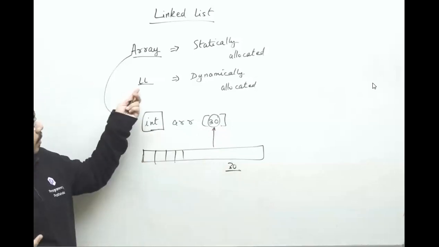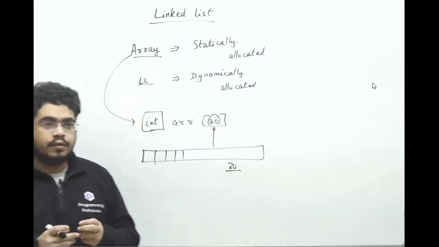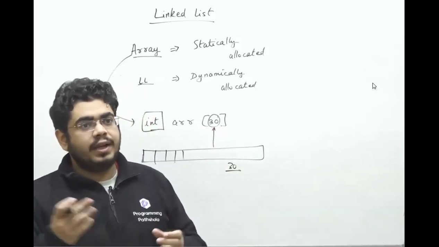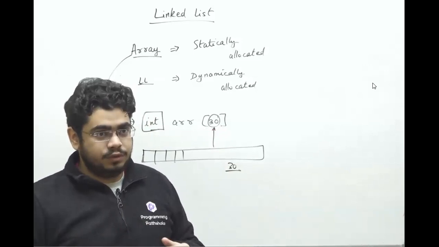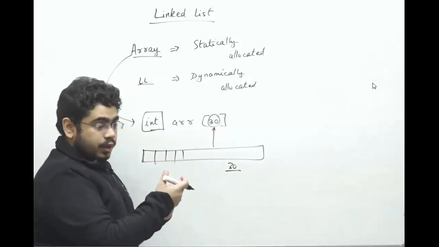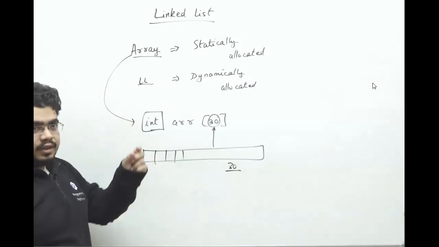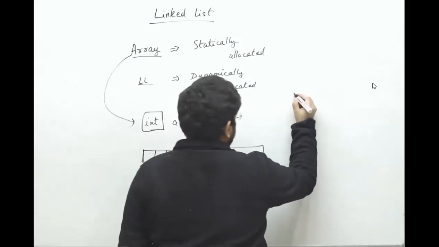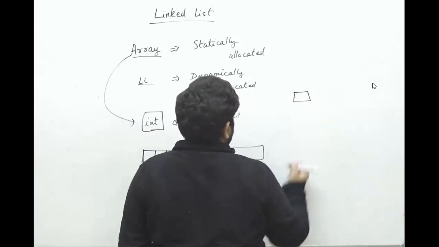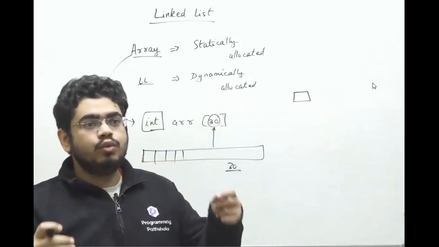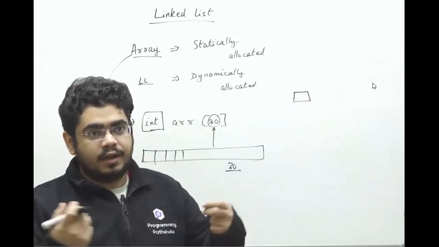When we talk about linked list, we don't define the size in the beginning, but we can dynamically add or remove nodes. So how does that work? Every element is a node, just like in a binary tree. If you remember binary tree, every node had two children, left and right.